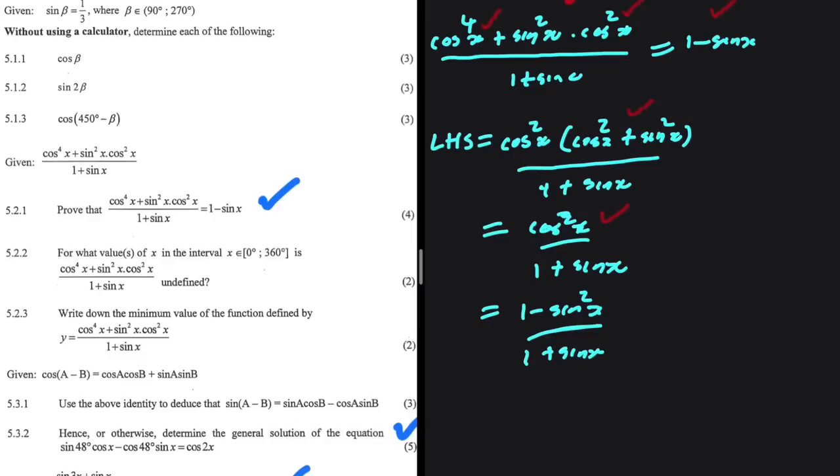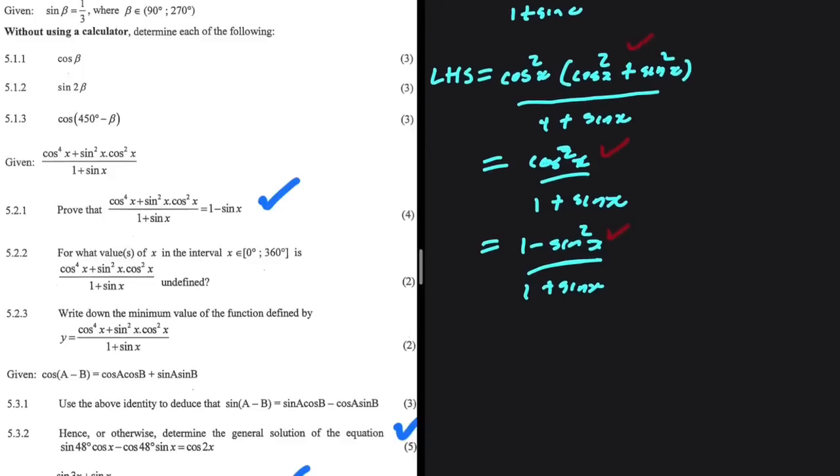1 minus sine squared x is a difference of two squares. So we can expand this and get 1 minus sine of x multiplied by 1 plus sine of x, everything divided by 1 plus sine of x.